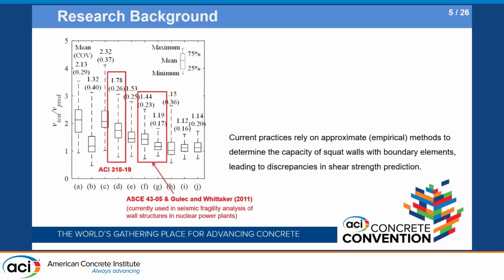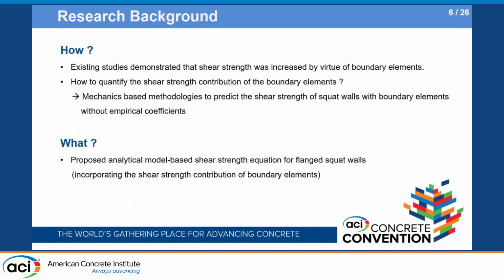The large discrepancies between equations are because they are all derived from empirical factors. They collected their data sets and found empirical factors to optimize their equations, so that's why there are so many discrepancies here.